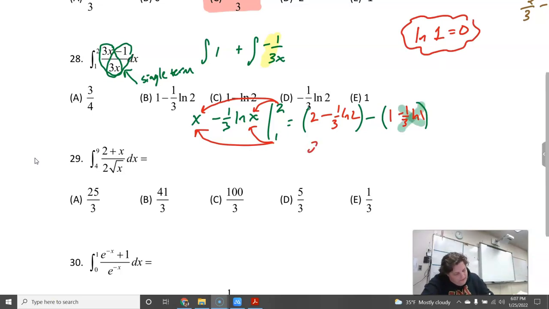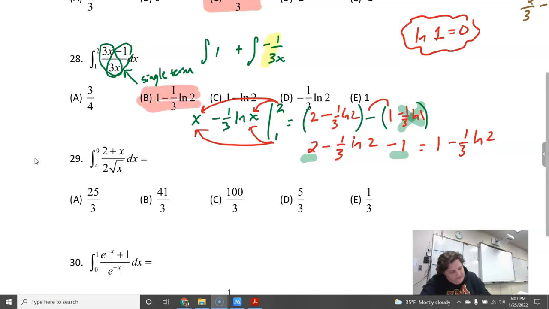That's really helpful, because then it's 2 minus 1/3 ln of 2. And when I distribute that, that's -1. I can combine the 2 and the -1 to give me 1 minus 1/3 ln of 2. Okay, and that's going to be that 1 minus 1/3.